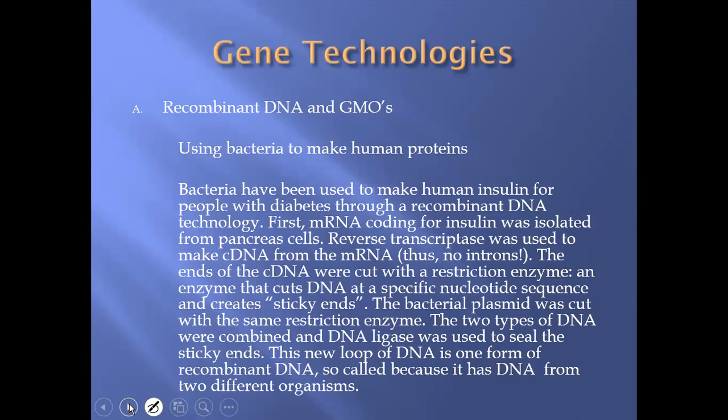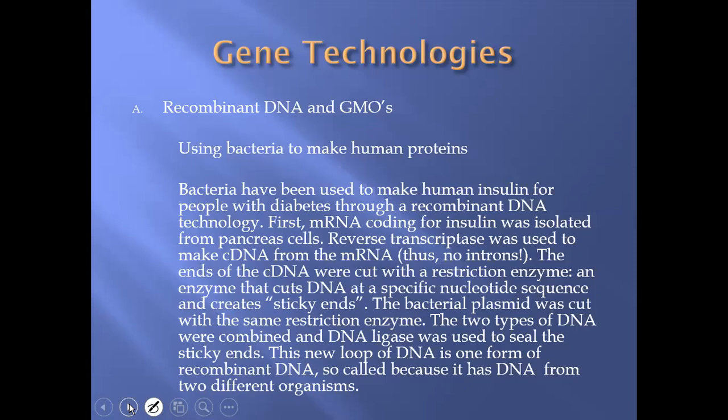So when we're talking about different gene technologies, we're going to talk about a few things. First of all, if we wanted to do anything with gene technologies, we would have to access your DNA. I don't really have a slide in here on how we access DNA, but I did just want to go through and explain some of that. The first way that we would access DNA would be to do something to break the cell open and release the DNA.